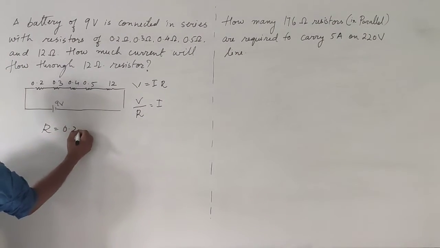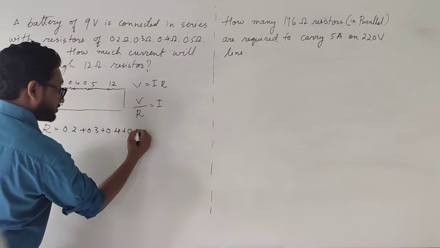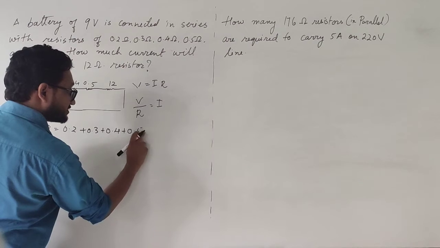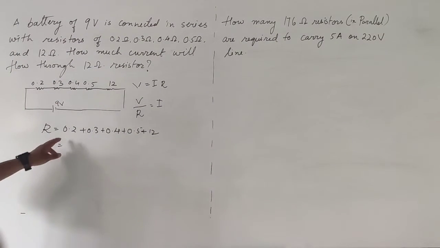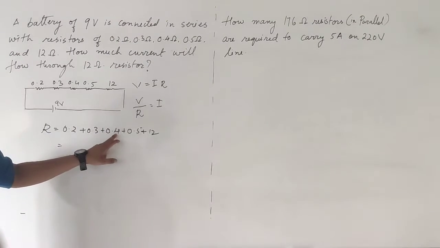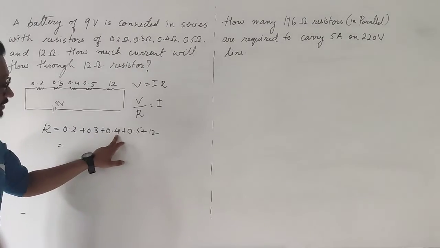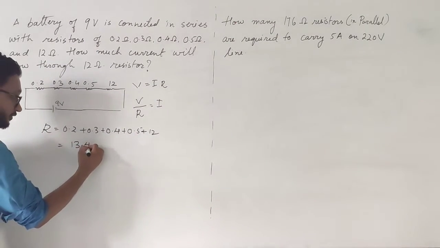So 0.2 plus 0.3 plus 0.4 plus 0.5 plus 12. What you get over here is 2 plus 3, 5, 5 and 5, 10, 10 plus 4, so it becomes 1.4, 1.4 plus 12, it becomes 13.4 ohms.